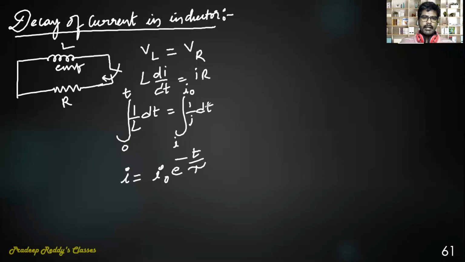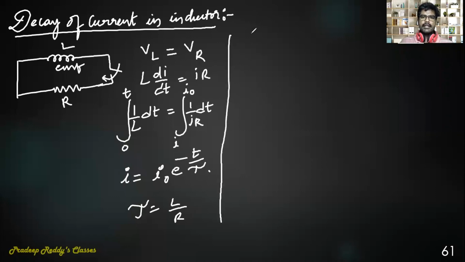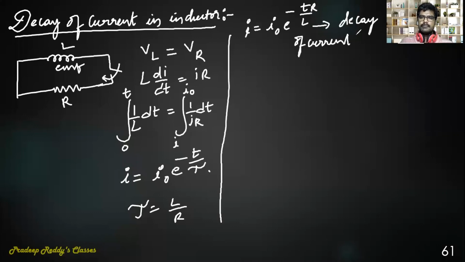So it is 1 divided by I into R, and R you can just bring out. So tau will be equal to L by R. Therefore, I can write I is equal to I naught into e power minus t divided by L by R. This is the equation which represents decay of current in the inductor.